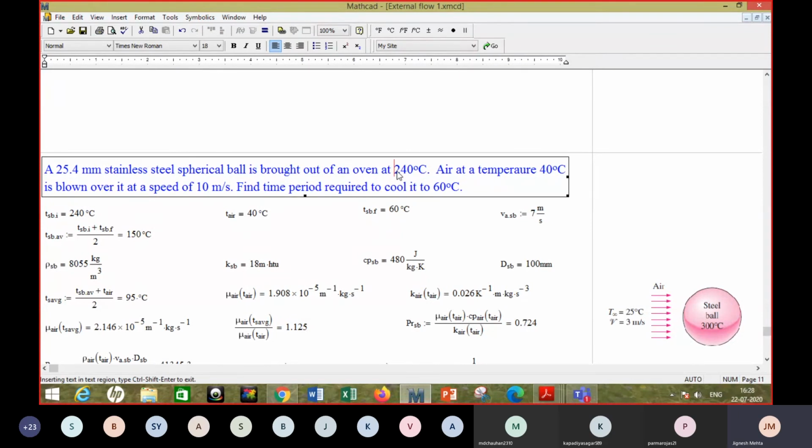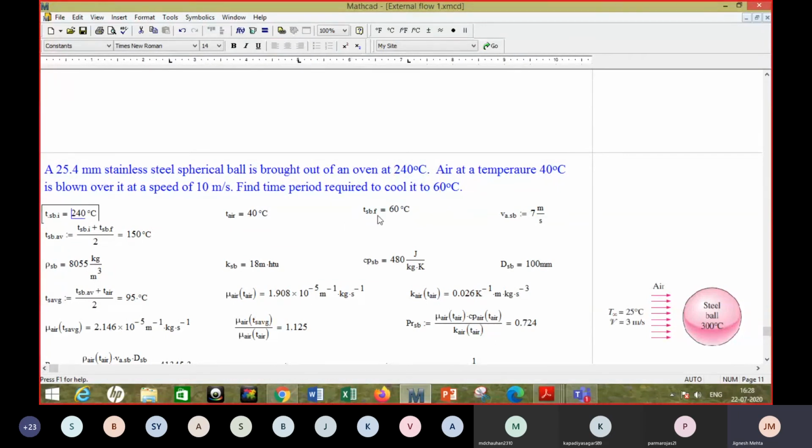Initially it is 240 and finally it reduces to 60. Air temperature is 40. So what is the average temperature of the sphere? The average of 240 and 60, so that is 150. Now this is a steel sphere, so the properties of the steel are mentioned here.